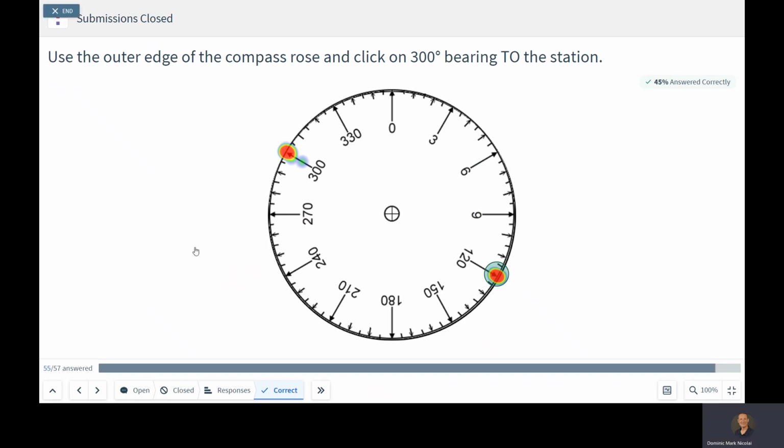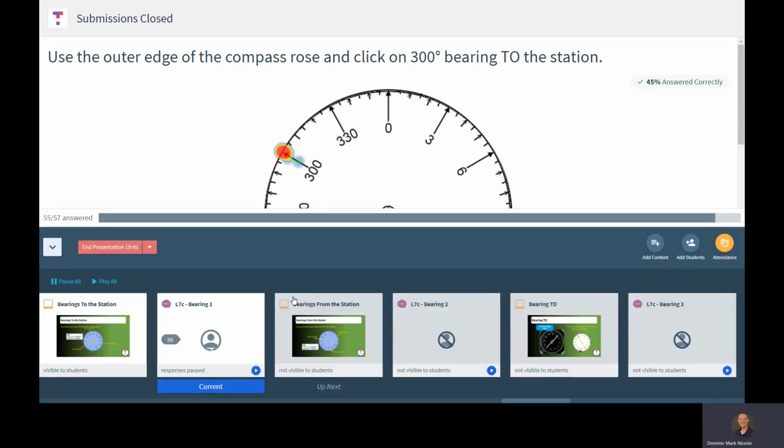Okay. All right, so anybody put their dot up here on the northwest side? If you're facing 300 degrees, you're actually going from the station at that point. Give that a second to digest. Let me go back to my previous slide.